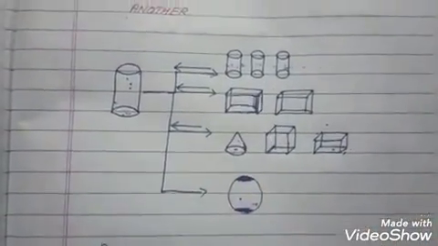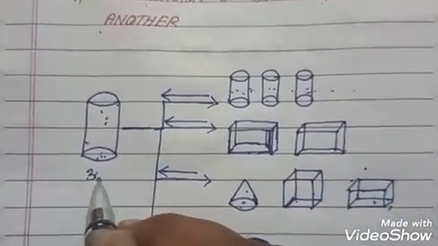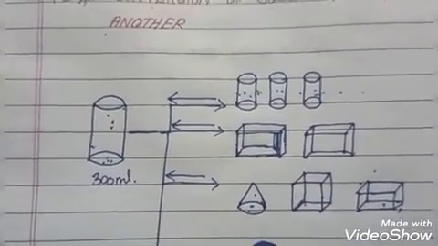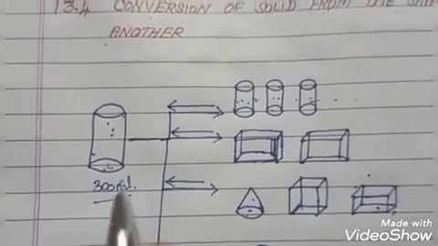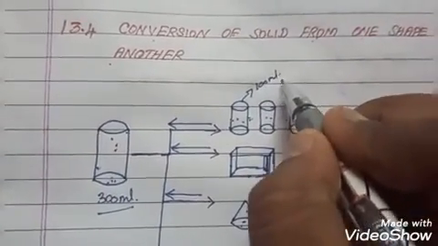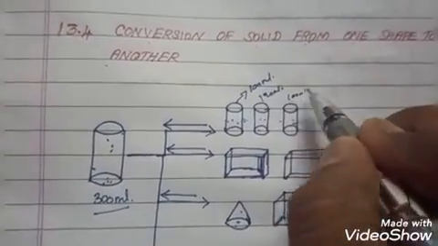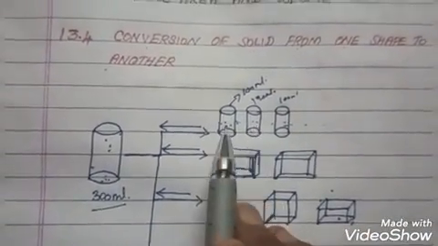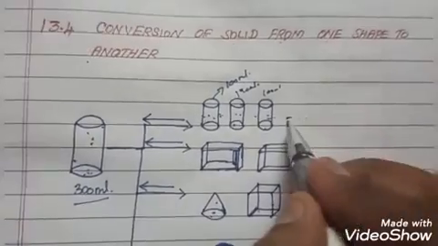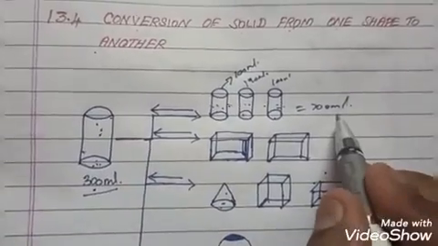Next, volume. Suppose you consider a quantity of 300 ml. Take it as 100 ml beakers, so this one 100 ml and this one 100 ml and this one 100 ml. You can add this, 100 plus 100 plus 100, which is equal to 300 ml. So you can say 300 ml equals 300 ml.